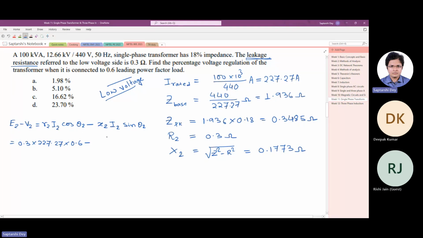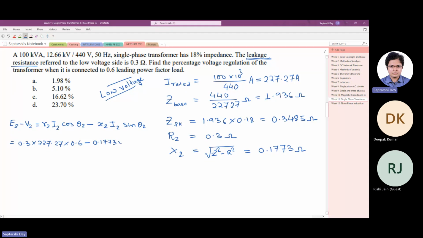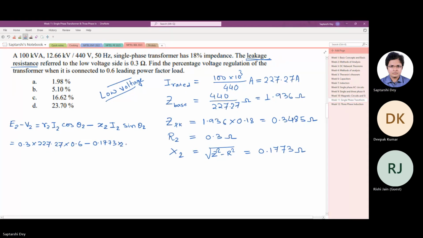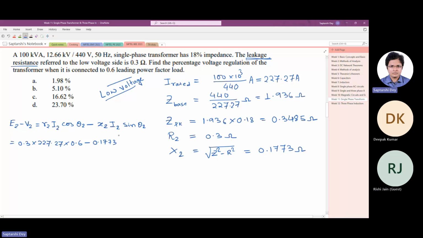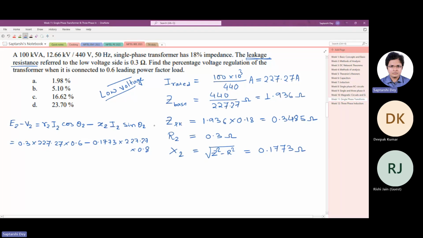So minus X2 is 0.1773 times I2, once again 227.27 times 0.8. If cos theta is 0.6, sin theta will be 0.8.